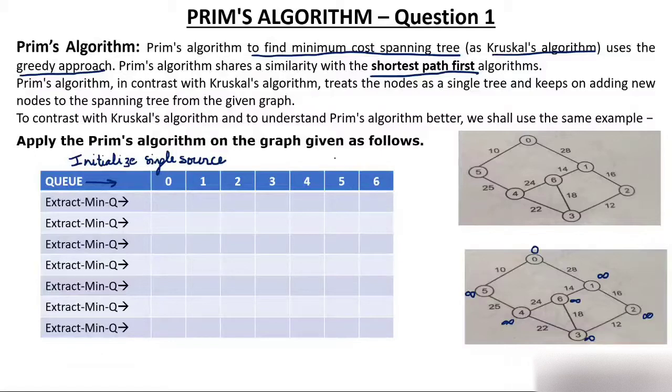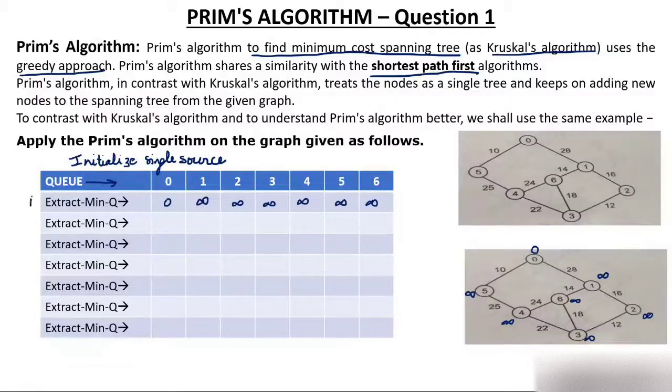Now in the given matrix, first arrange it according to the weight. The weight of 0 is 0, and I'm taking weights of nodes, not edges, and the other weights are infinite. You can also say the distance of 0 is 0 and the others are infinite. This is called initialize single source.